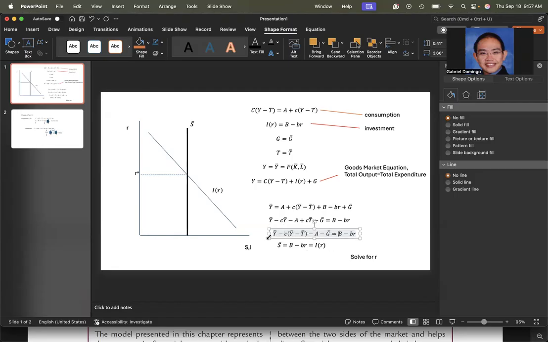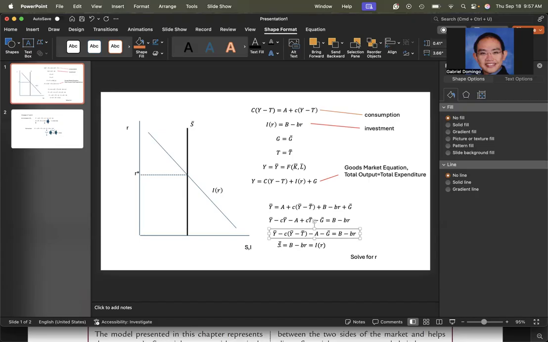And this will all be S bar, which is a fixed value. And that's going to be equal to B, which is a fixed value because that's your exogenous portion of the investment, minus BR, and B can be any value that is greater than 0 because there's a negative sign here. So R will be negatively related to investment, but the value of the letter B itself will be positive.